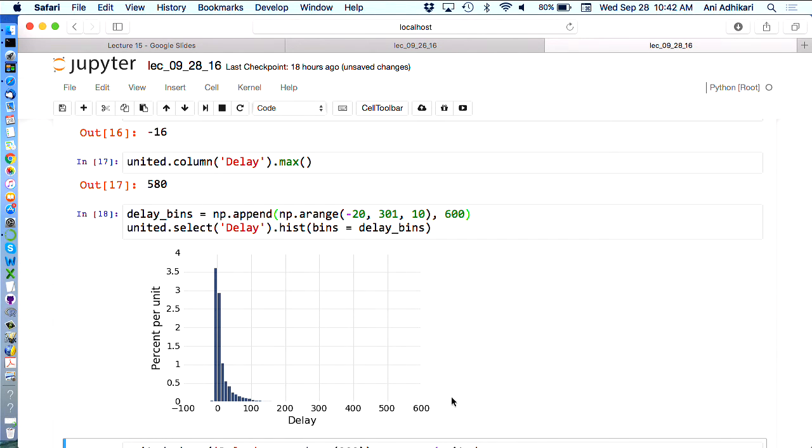Okay. Now, somebody's going to ask me, how did you choose these bins? I chose those bins because I messed around with the data, and I saw where the data lay. And so I have bins going every 10 from minus 20 to 300, and then just another bin from 300 to 600.